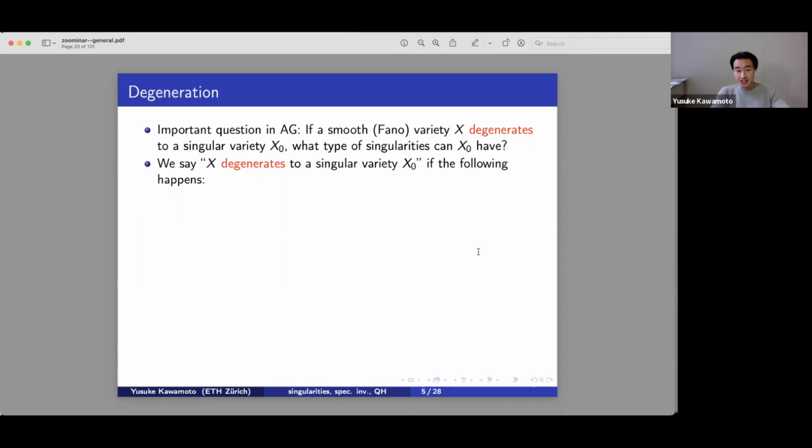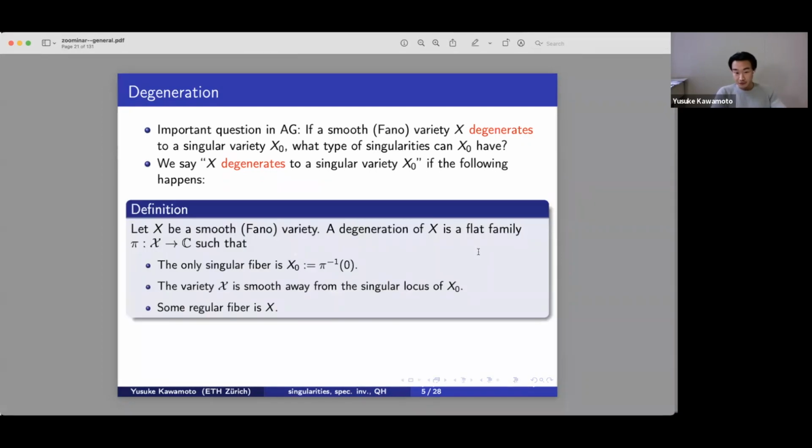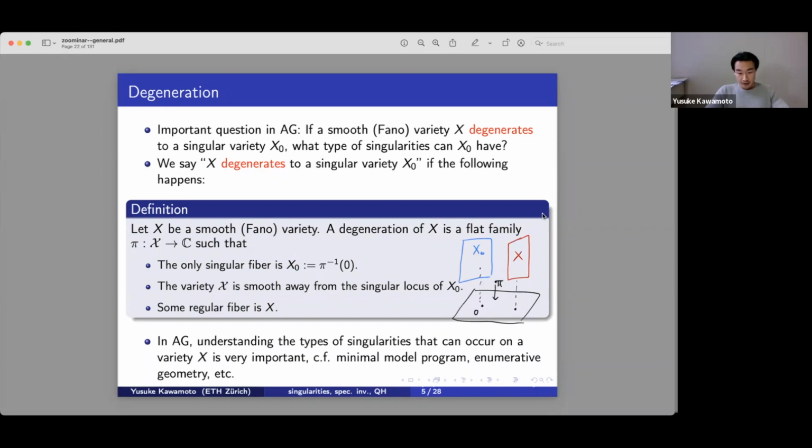When you say that a variety degenerates to a singular variety, it means that you have a family of varieties over, say, a complex plane, where the central fiber is the singular fiber, and all the other fibers are regular, and somewhere you see the smooth Fano variety that you want to study.